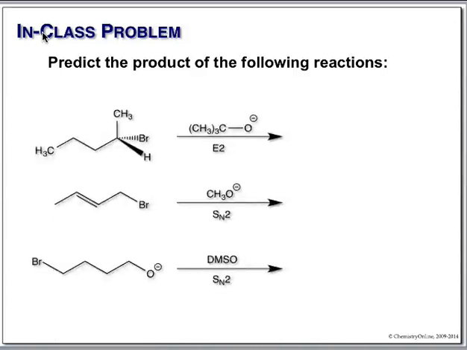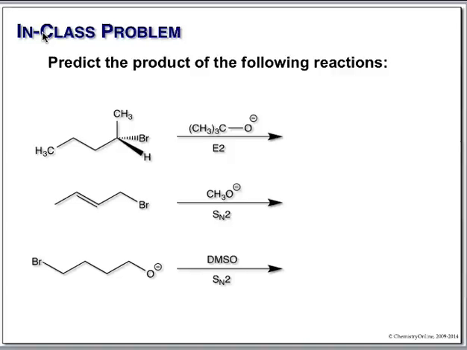All right, once again, we're doing a simple E2 elimination. We are going to form the most highly substituted alkene. So we're not going to eliminate going up this way.